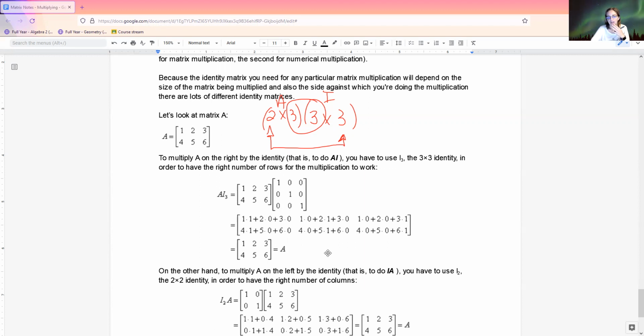When we simplify that, if you notice really carefully, all of these pieces are zeros. They all end up going away. So I end up with 1, 2, 3, 4, 5, 6. I end up with the same thing I started with.